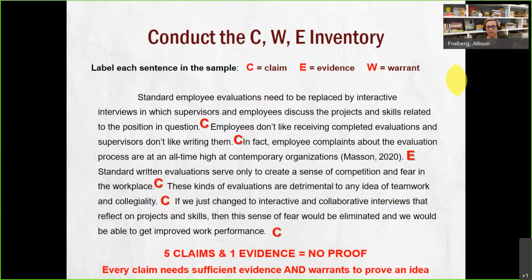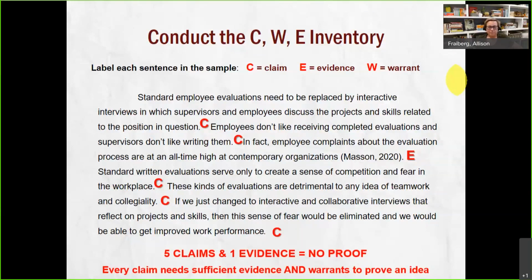No. There's 5 claims. That should mean there should be at least 5 pieces of evidence and 5 warrants. Probably more, because it usually takes more than 1 piece of evidence to prove a claim. And if every piece of evidence needs to be explained, and it does, then every piece of evidence has a warrant.